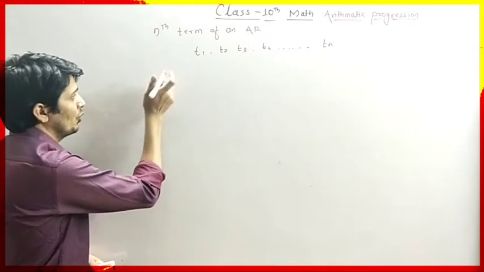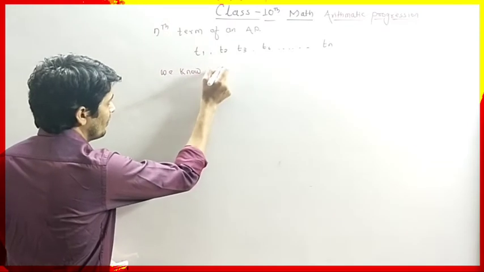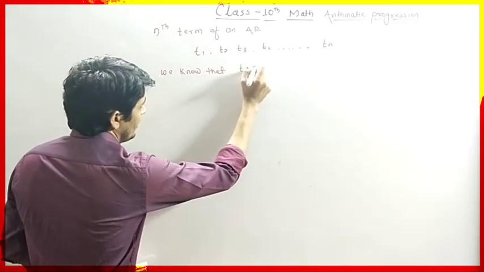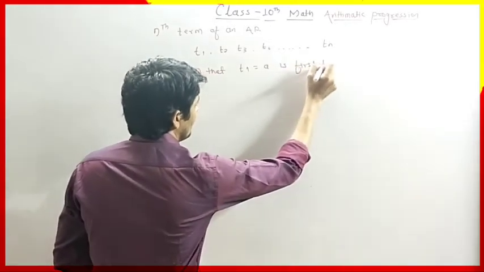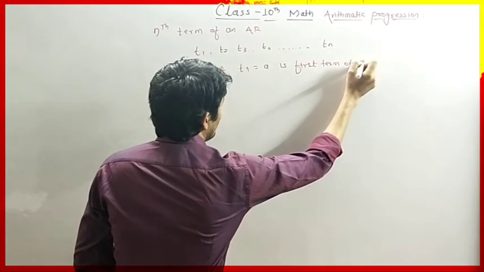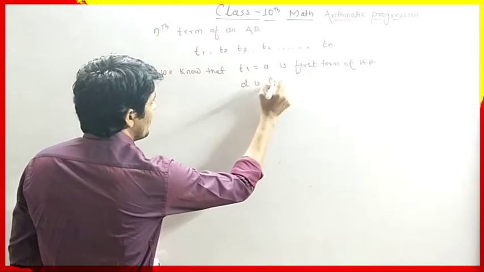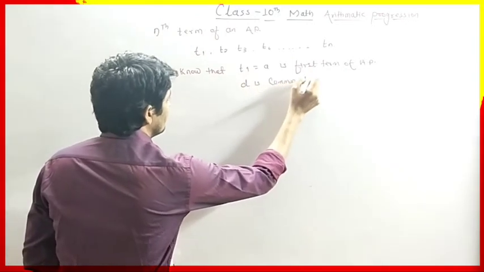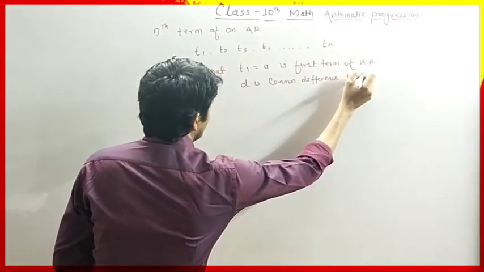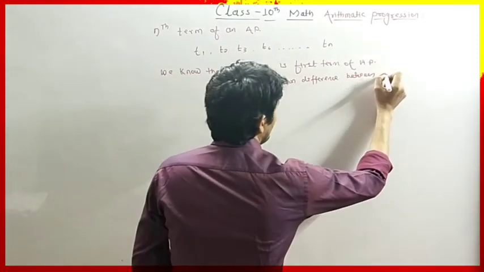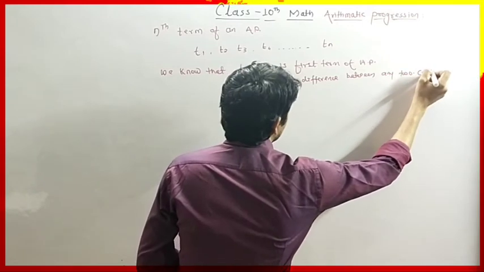So we know that t1 equals a is the first term of the arithmetic progression, and d is the common difference between any two consecutive terms.